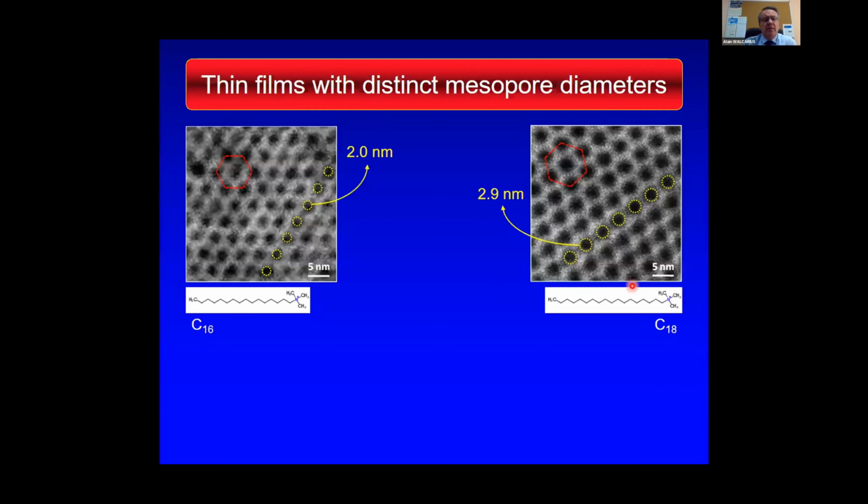But we can be a little bit more accurate by tuning the size of these mesopore channels between 2 and 2.9 nanometers. This can be easily done by lengthening the alkyl chain of the surfactant.